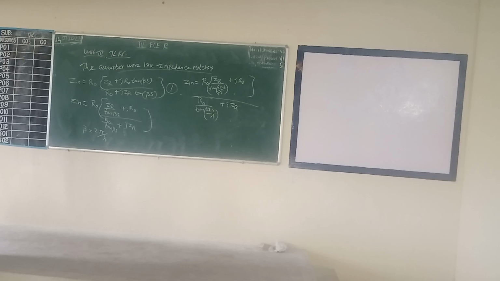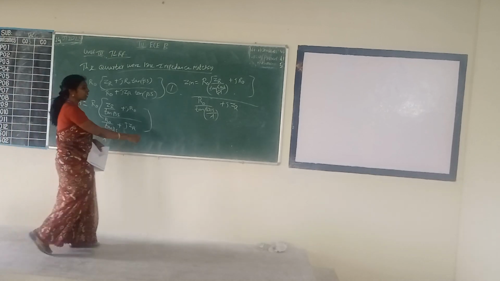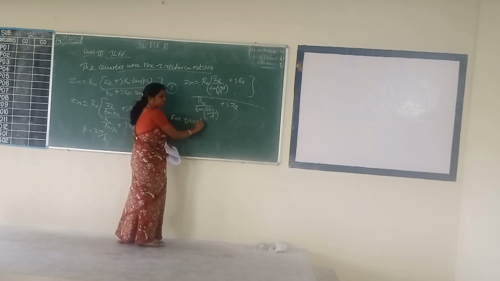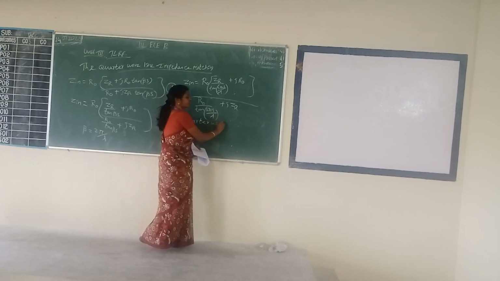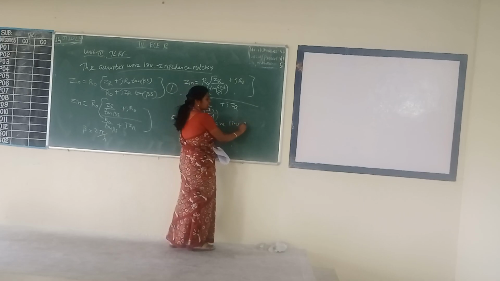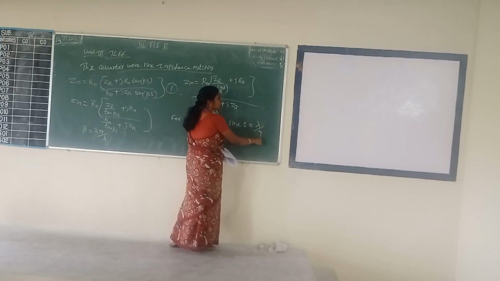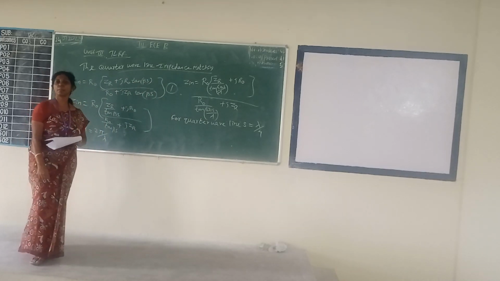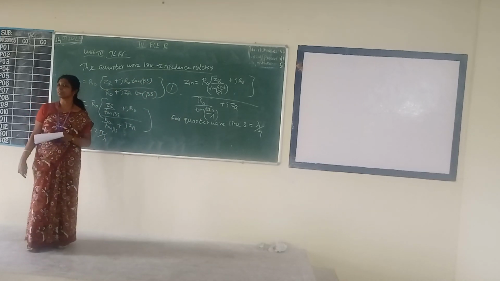So S is equal to what? Lambda by 4. For quarter wavelength, S is equal to lambda by 4. Substitute lambda by 4 in this equation.